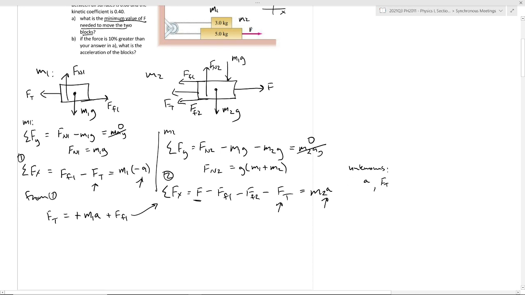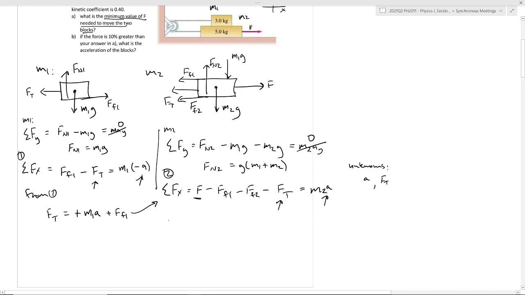Let's give ourselves a little more space here. If we substitute that into 2, we will have F minus ff1 minus ff2 minus m1a plus ff1 equals m2a. We can put everything that has a in it on one side.